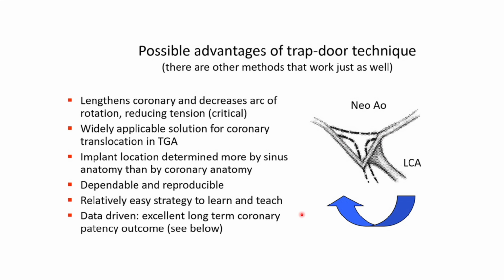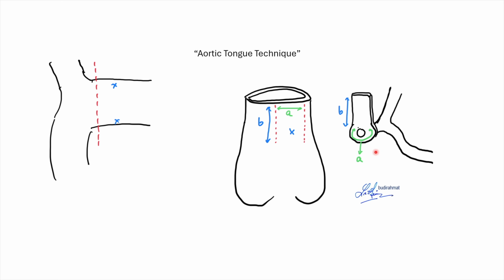So that's why a new idea came, the aortic tongue technique. Initially, it's prepared from the beginning, so we have to mark the coronary artery implantation site before CPB on.